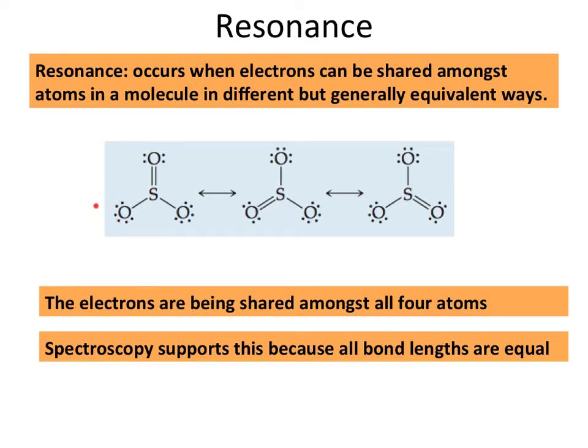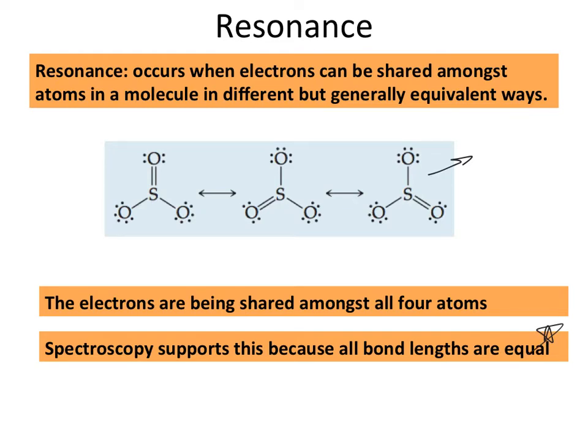So we're representing that by showing all 3 resonance structures. The arrows in between represent the interchangeability and basically represent this sharing. What we see spectroscopically, when we actually analyze this type of structure, is a bond length.